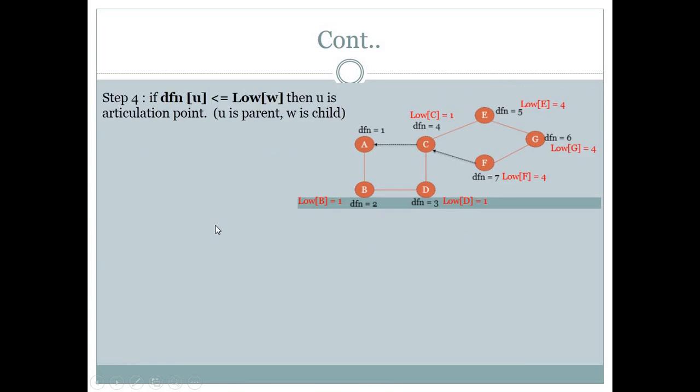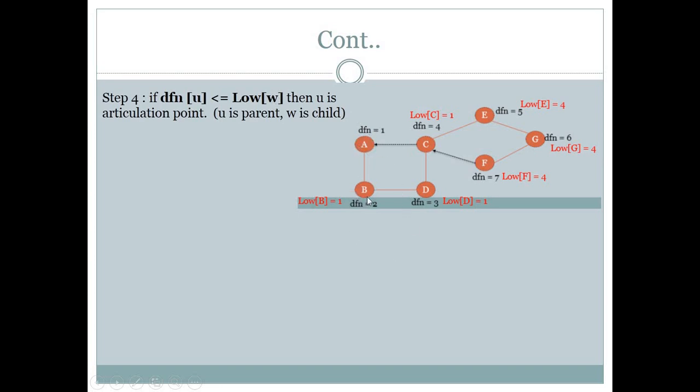Now in step number 4, if DFN of U is less than or equal to low of W, then U is the articulation point. In this step we will find our articulation points. The definition says DFN of U, where U is the parent, and low of W, where W is the child. No need to check the root node.